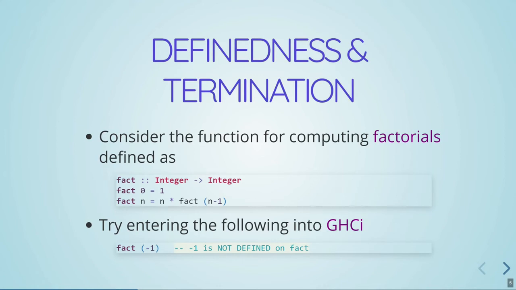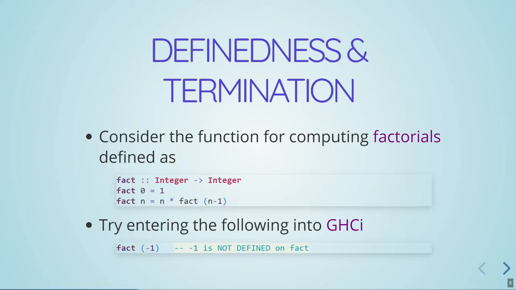Another pitfall has to do with definedness and termination. So to consider what definedness and termination are, let's consider the function here, fact, okay? So fact of 0 is equal to 1, and fact of n is equal to n times fact of n minus 1.